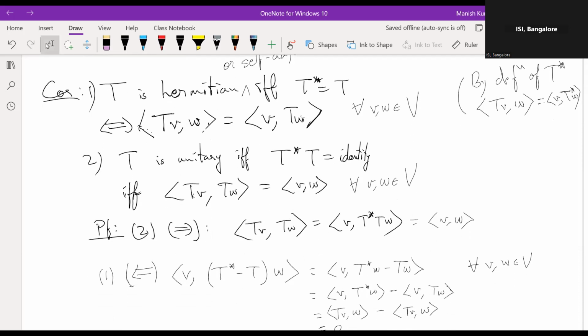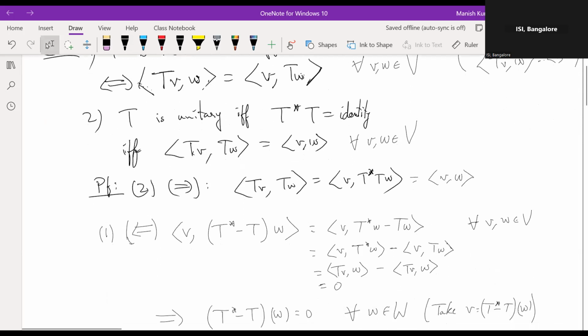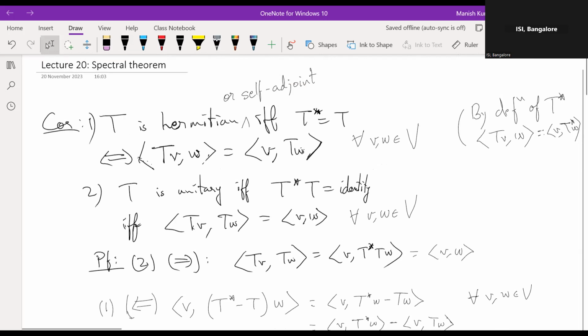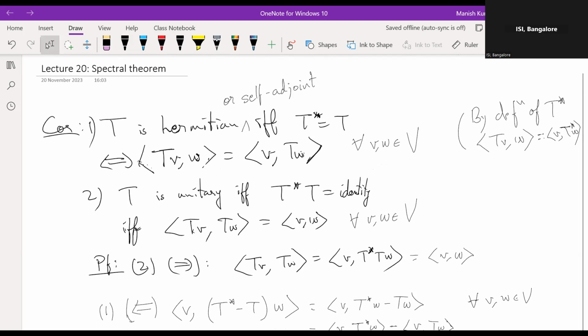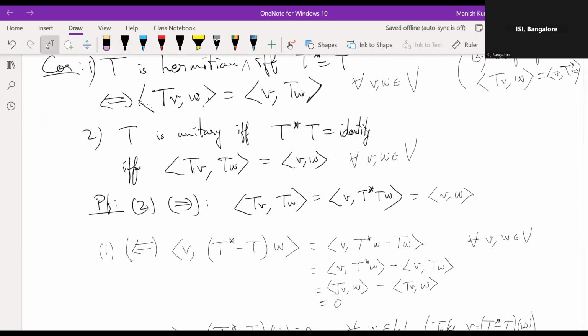Right. So let's see the backward implication. We want to show that if TV comma W is equal to V comma TW, then T star is T. So we want to say that T star is the same as T. What you do is look at V comma T star minus T W. We want to show that T star minus T is 0.